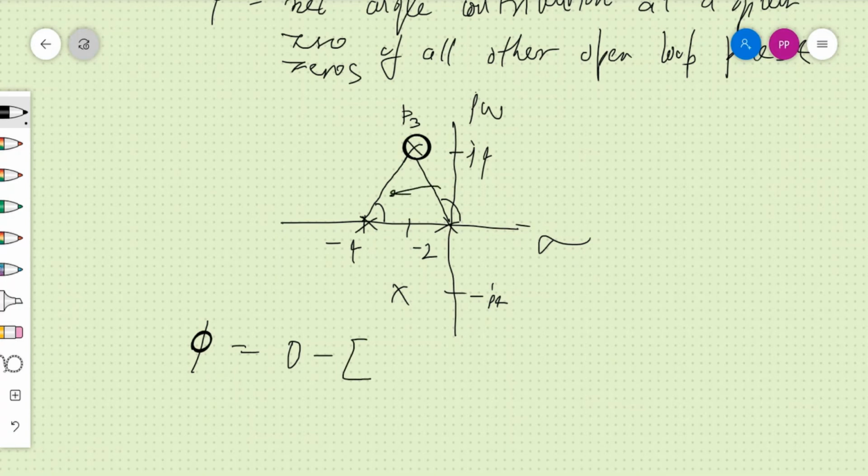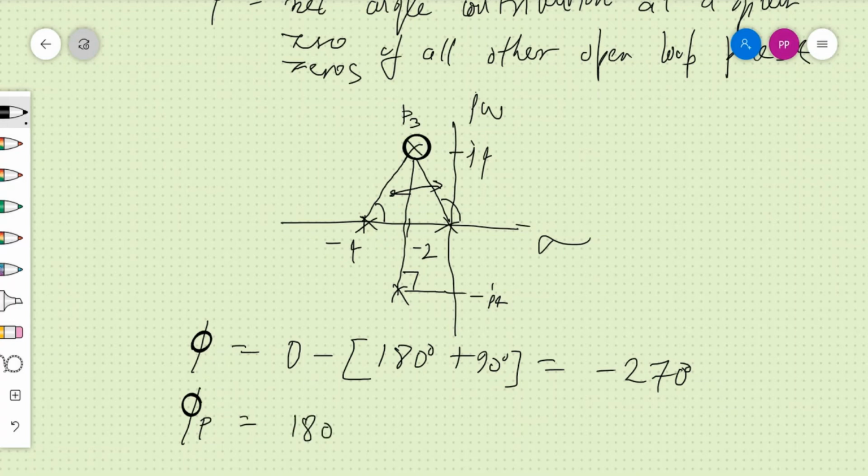These two poles together give a contribution of 180 degree, and the third one will definitely give a contribution of 90 degree. So these together give a contribution of minus 270 degree. We have to find phi p for the first pole. This is 180 degree plus phi. So we have 180 degree minus 270 degree equal to minus 90 degree. So for this P3, we have the departure in this direction.